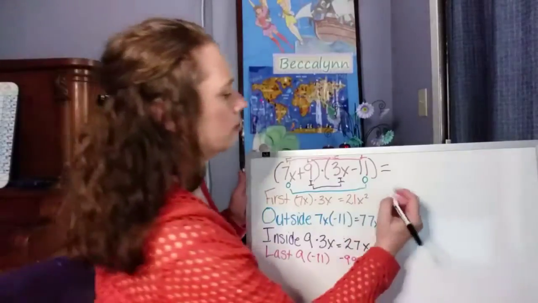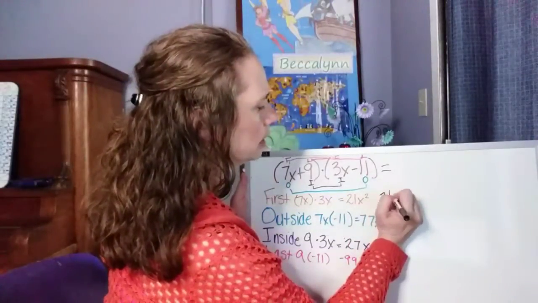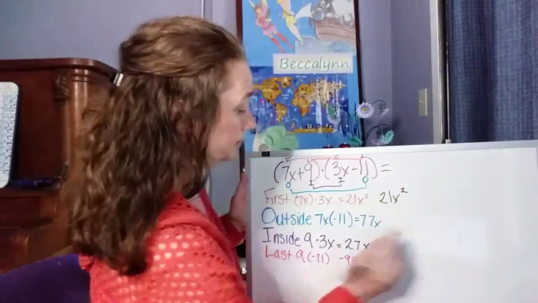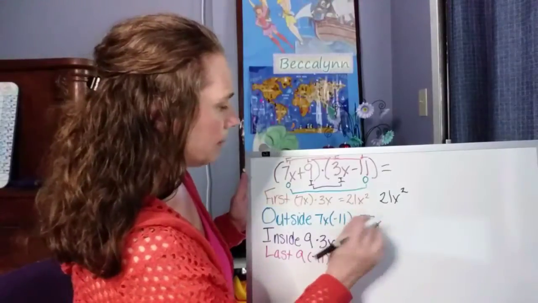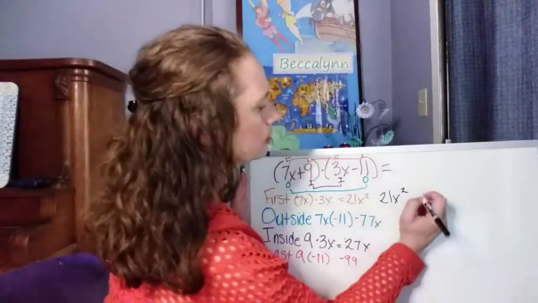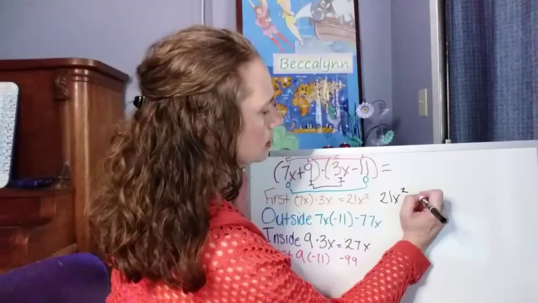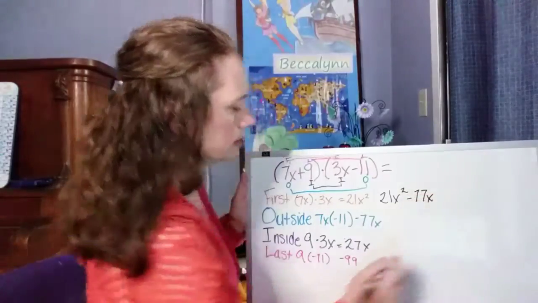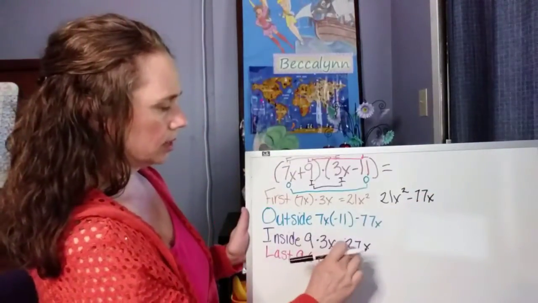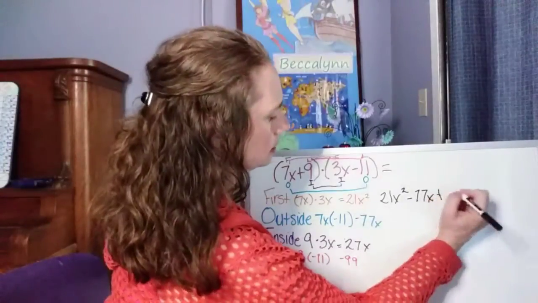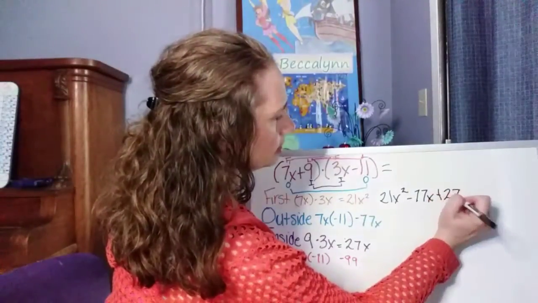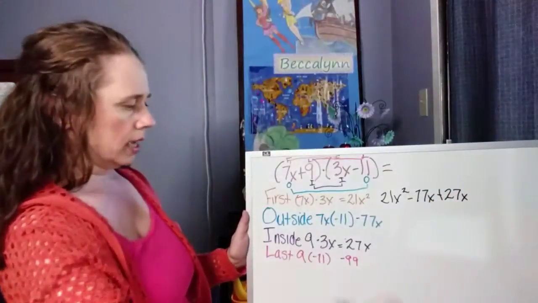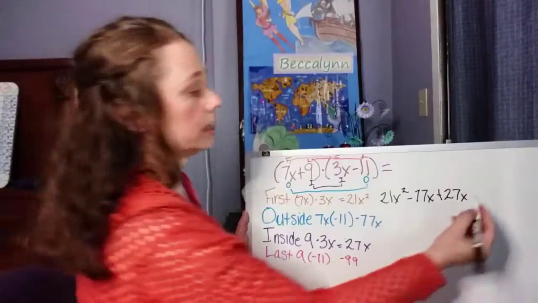So here we have 21x squared minus, remember our negative, minus 77x, right? And then we have plus 27x, and then we have a negative 99.